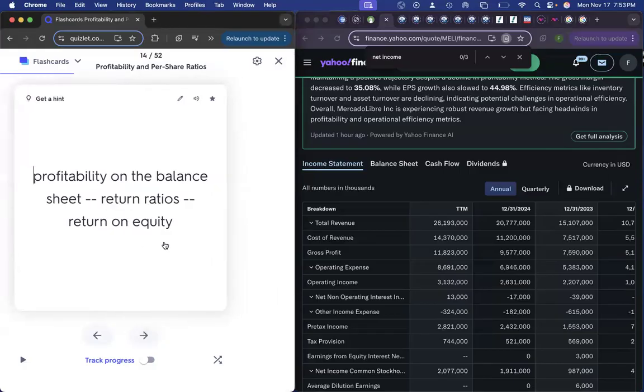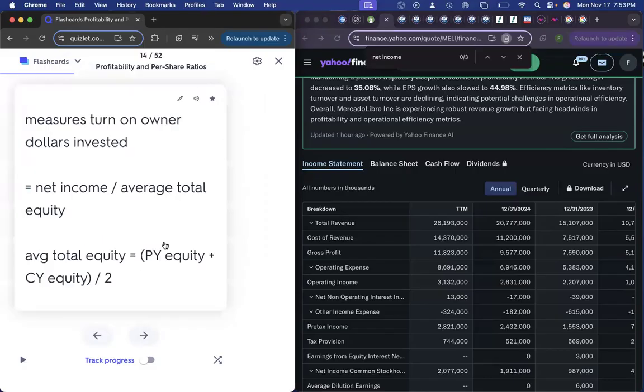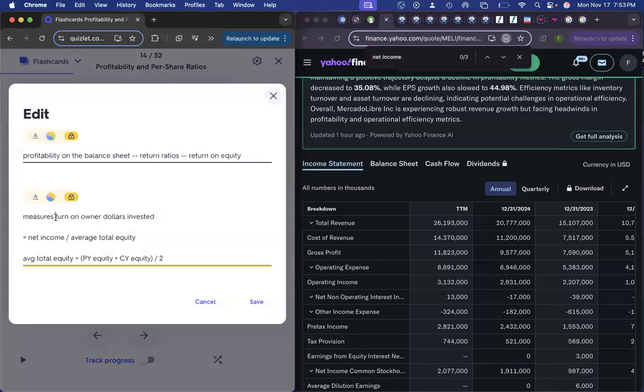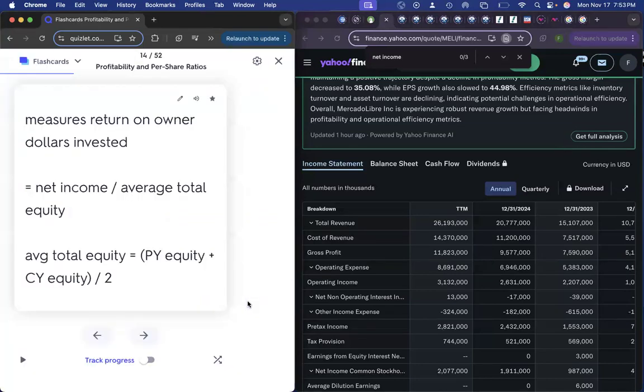Similarly, another way we can look at profitability on the balance sheet is return on equity. That measures return on owner dollars invested. That is net income divided by average total equity.